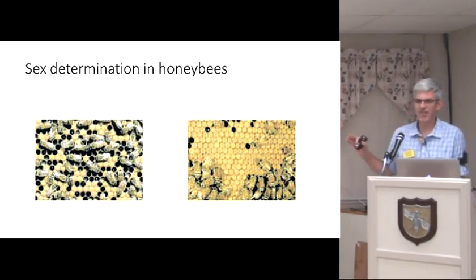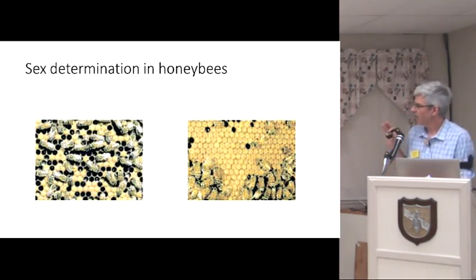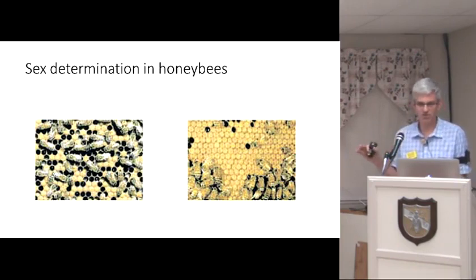On the left, there's a term for that. It's called a shot brood pattern. And this is what happens when you have a lack of genetic diversity in your queen. I hope I can explain this clearly so that you can understand why this is happening.